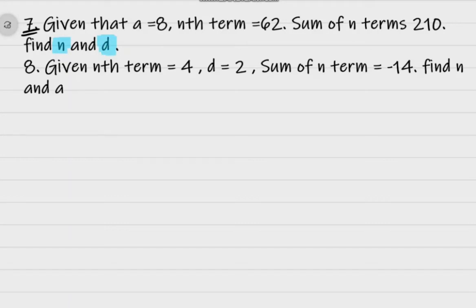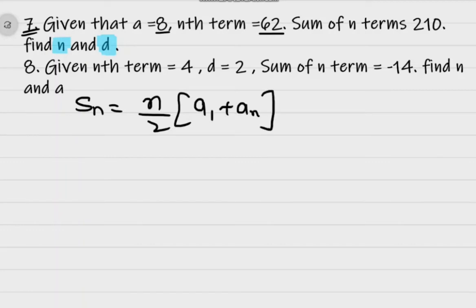Now see what we can do. Simply you can see, children, here you have got the nth term and the first term. So you can use the formula Sn is equal to n by 2 into a1 plus an. That will give you the value of n. Your Sn is 210, so put the value 210 here.